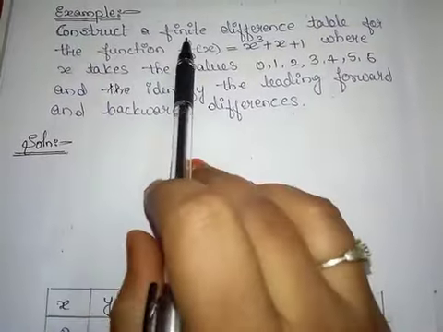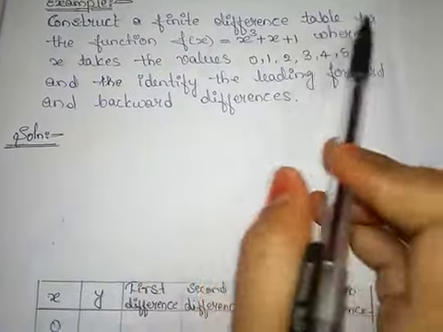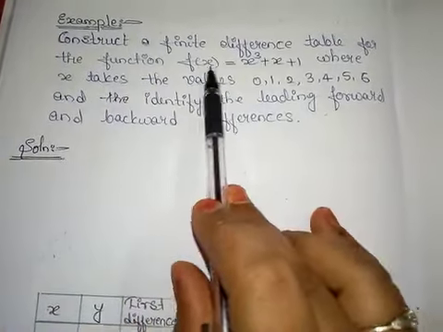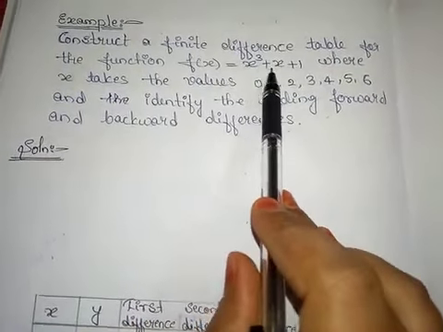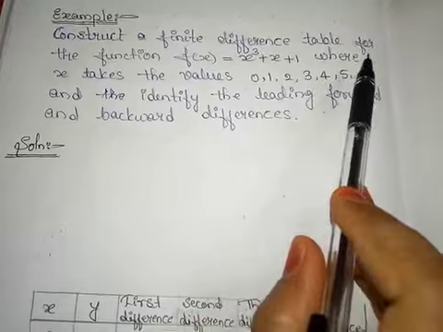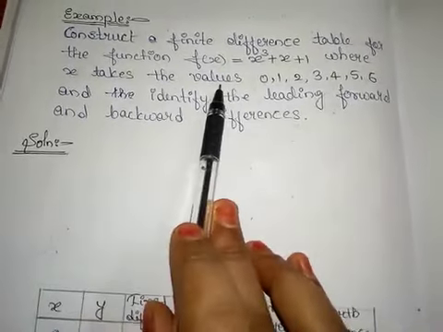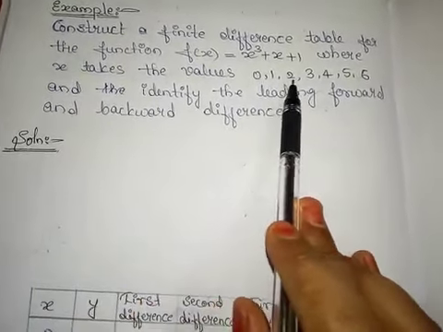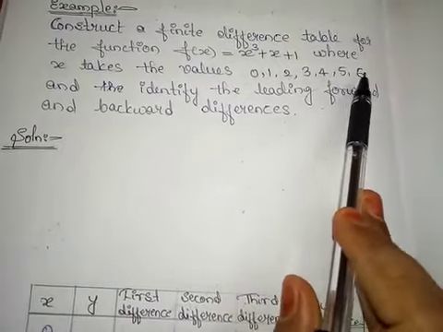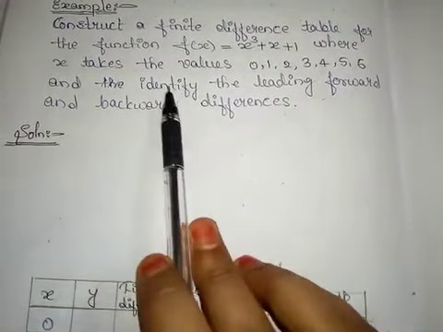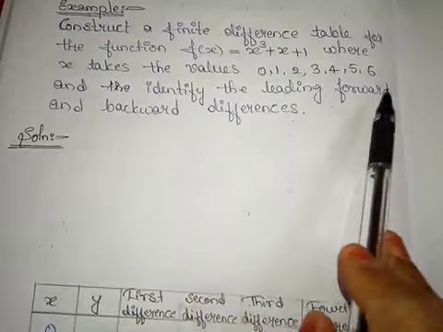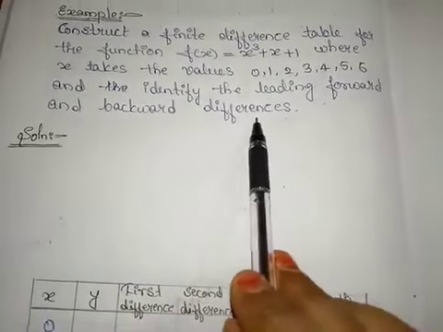Construct a finite difference table for the function f of x is equal to x cube plus x plus 1, where x takes the values 0, 1, 2, 3, 4, 5 and 6, and identify the leading forward and backward differences.